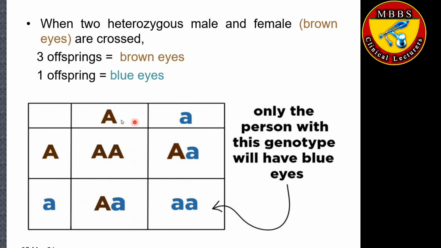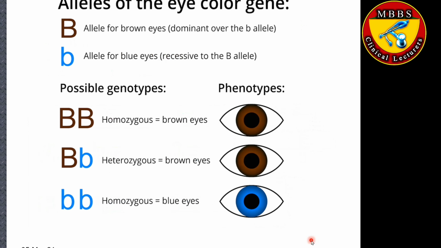So these parents can be homozygous, or one homozygous and one heterozygous. Whatever pattern can be followed. So the same revision here. Capital B is the allele for brown eyes, so it is dominant over the small b allele. Small b allele is for blue eyes, so it is recessive to capital B, which is dominant.